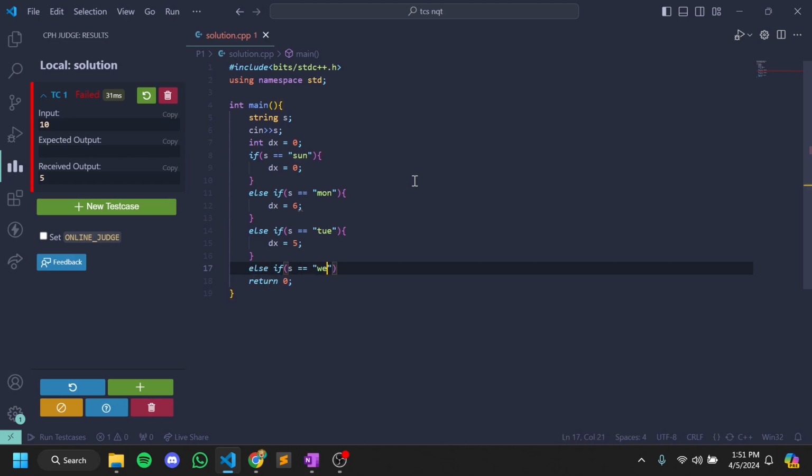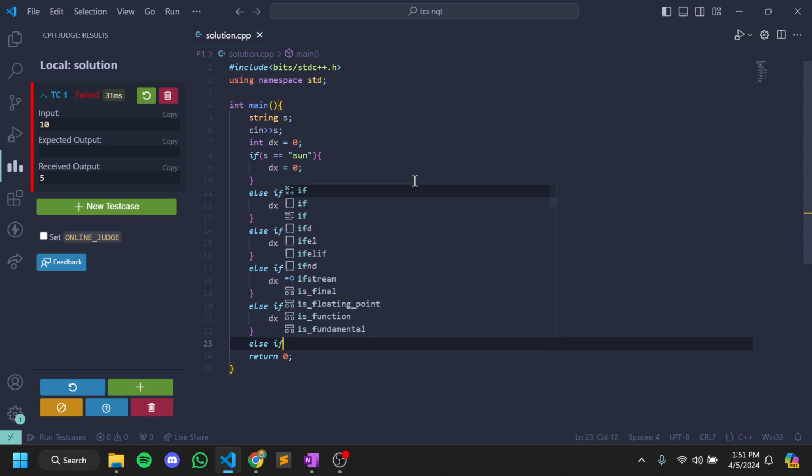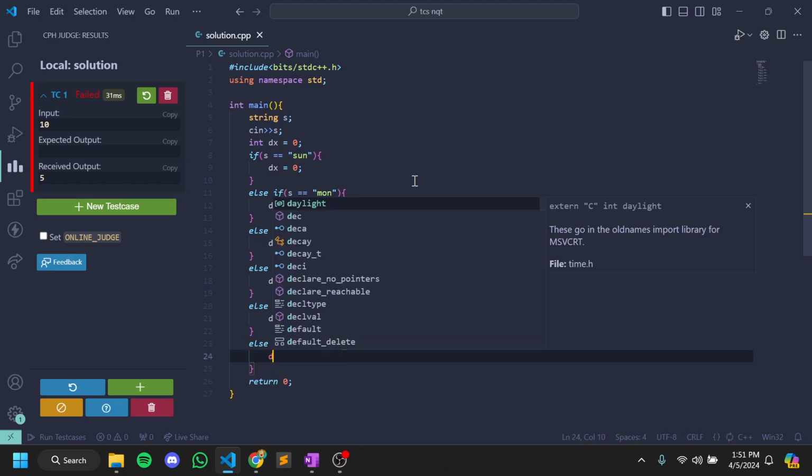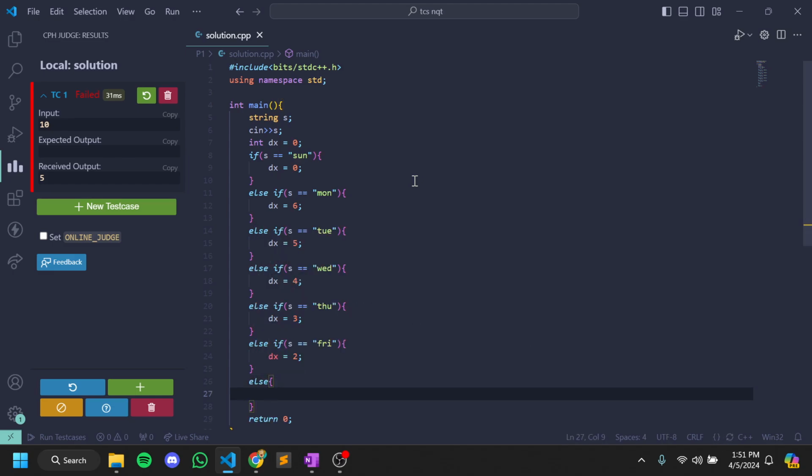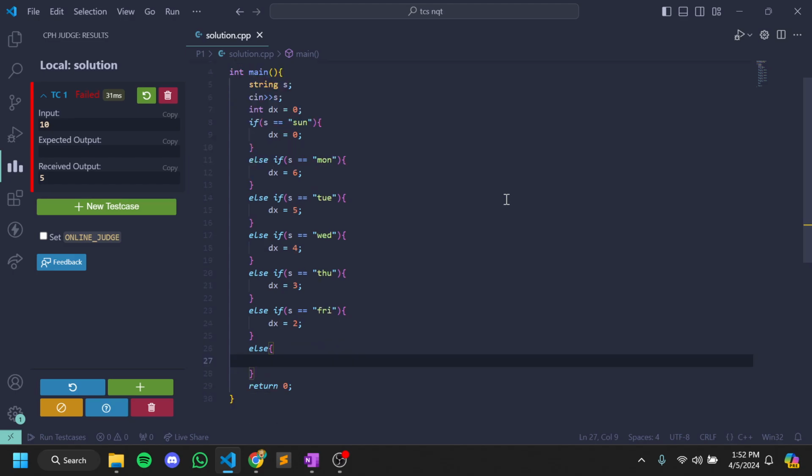If s equals Wed, dx is 4. If s equals Thu, dx will be 3. If s equals Fri, dx is 2. Else the only remaining day is Saturday, I believe. Dx equals 1. So that's pretty much it.